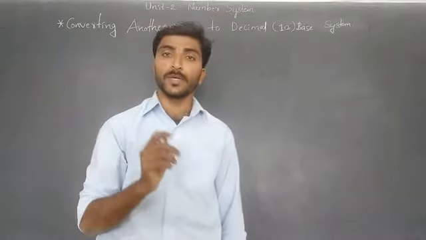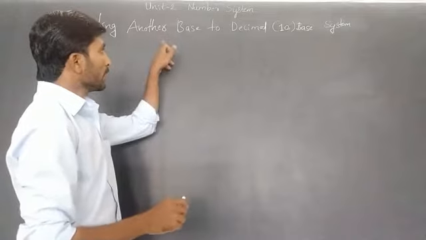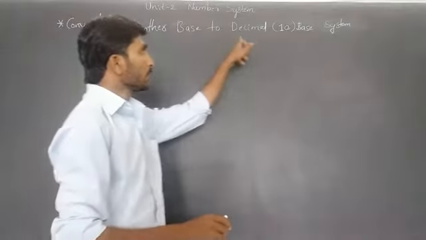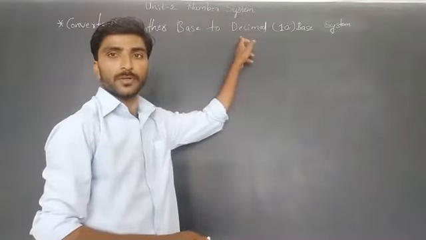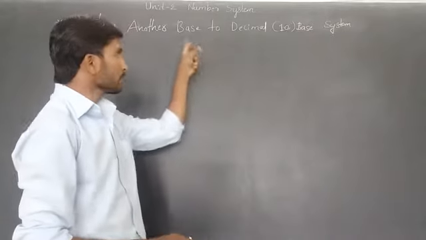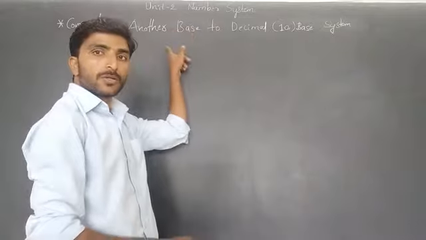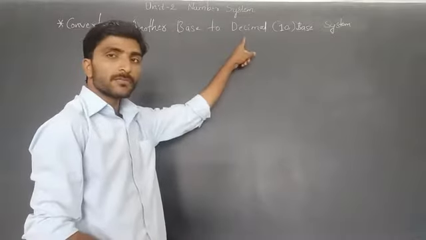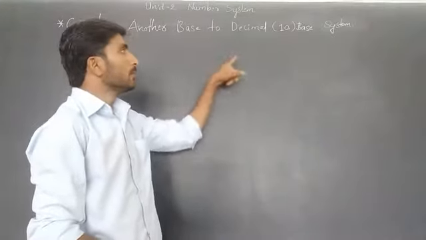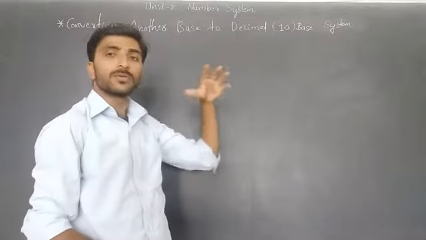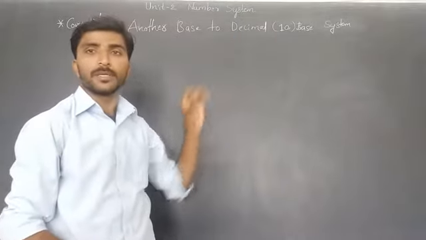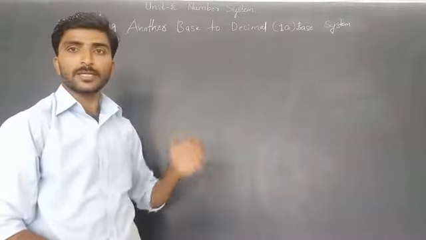What about decimal? Because we are converting those number systems to the decimal number system. So binary to decimal, octal to decimal, and hexadecimal to decimal: how to convert between them. Let us discuss one by one.